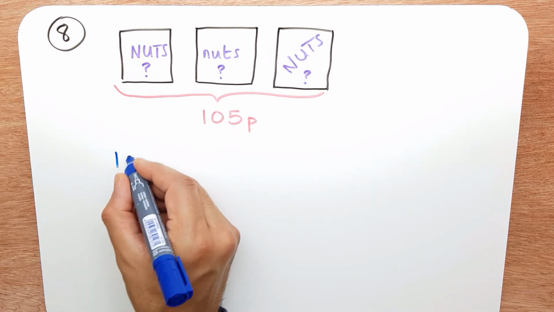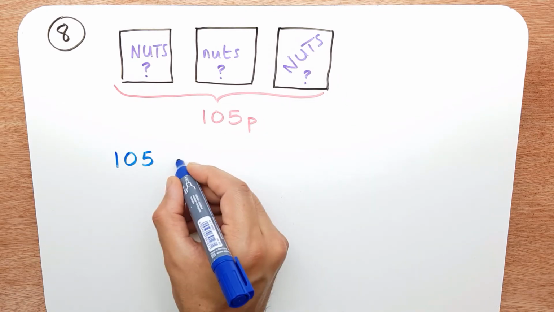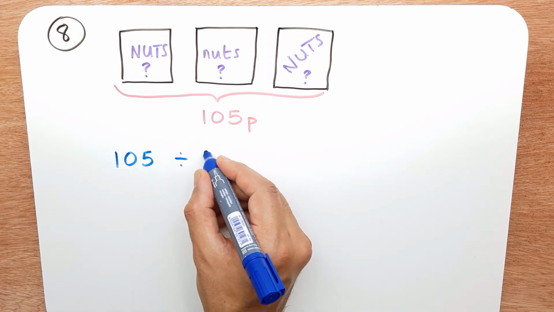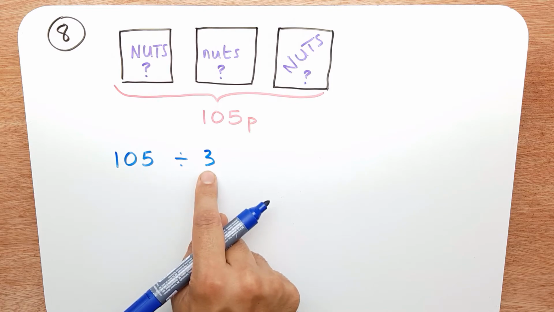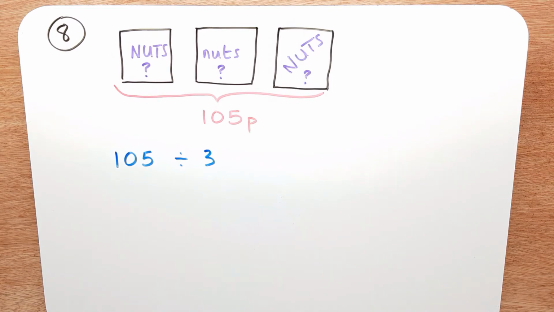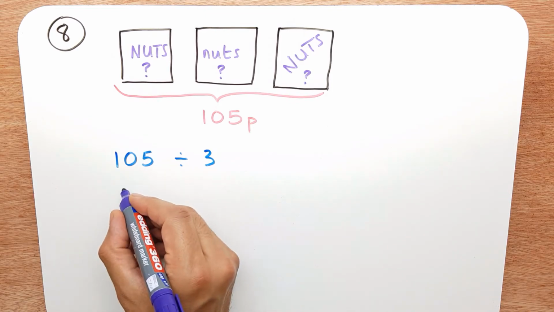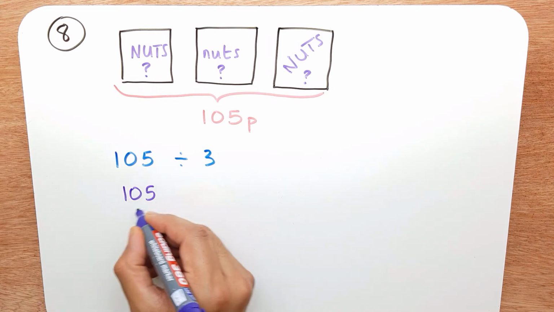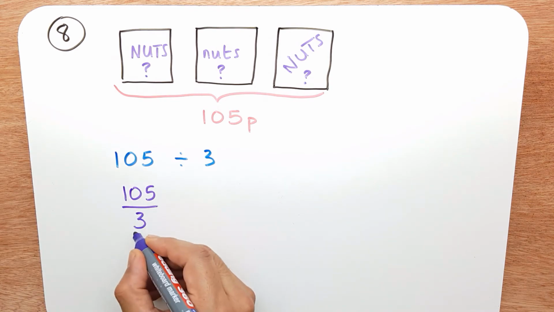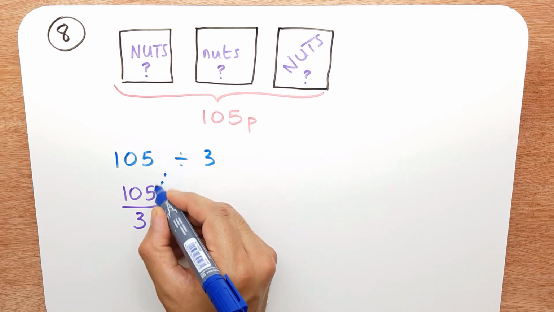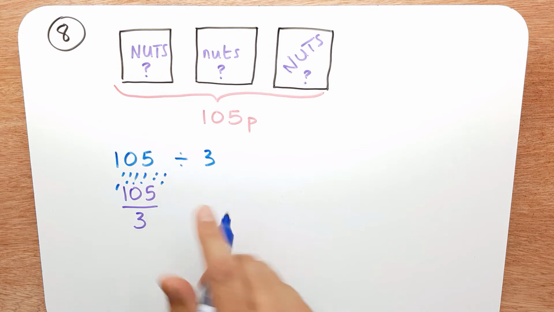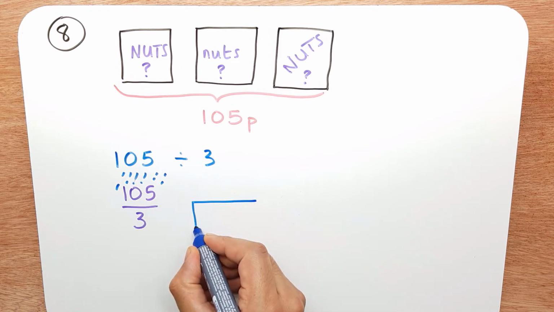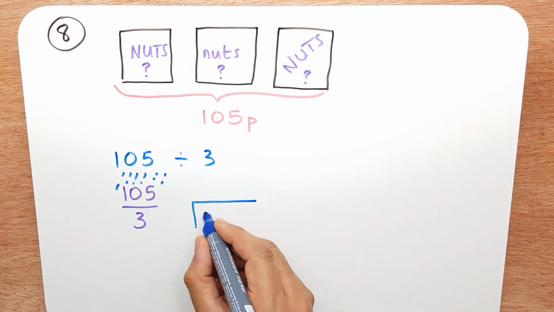So what we'll do is 105 shared by 3, or 105 divided by 3. And what I like to do is this: 105 shared by 3. It's raining, so we build a bus shelter for 105 because that's getting wet.